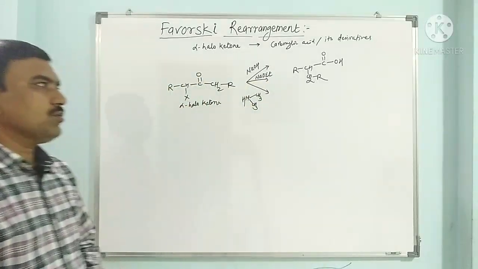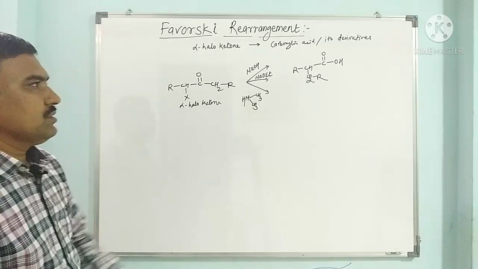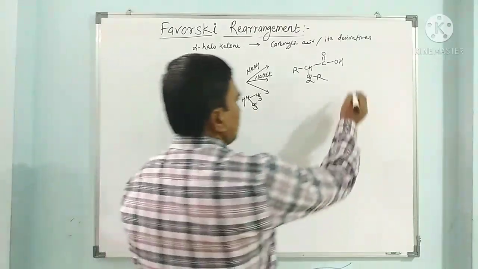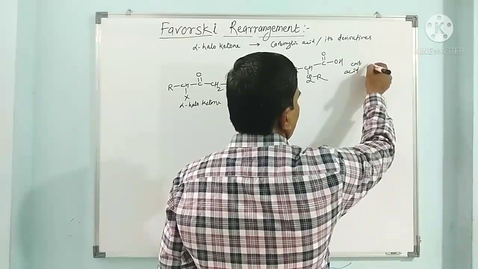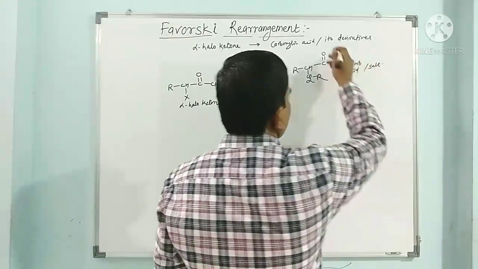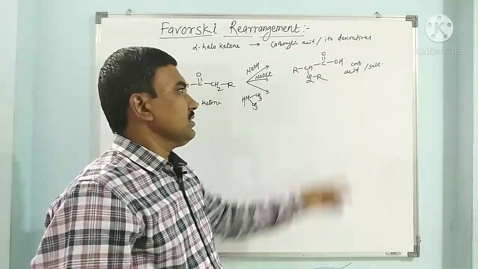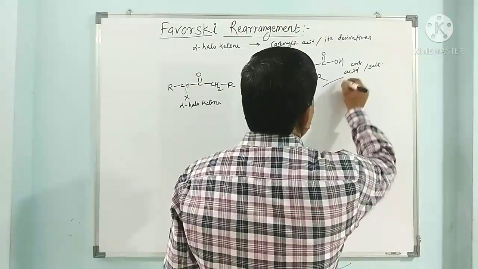So here this is carboxylic acid or its salt we can get. So here this is RCHCOOH, carboxylic acid, or its salt, meaning potassium salt. It can be treated with HCl, which gives carboxylic acid. So here we get carboxylic acid.